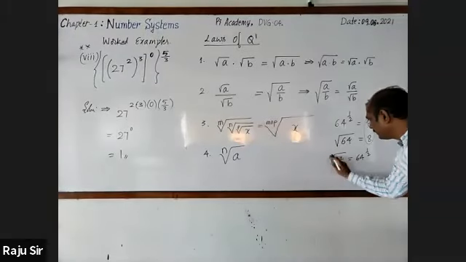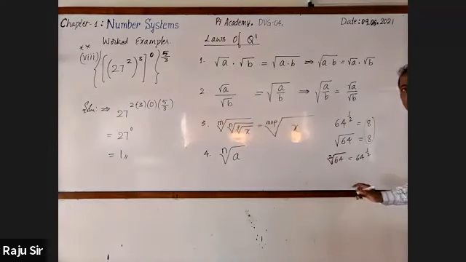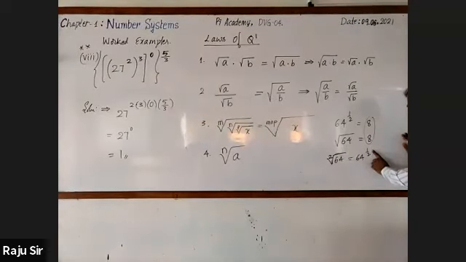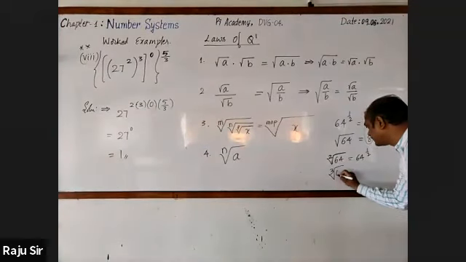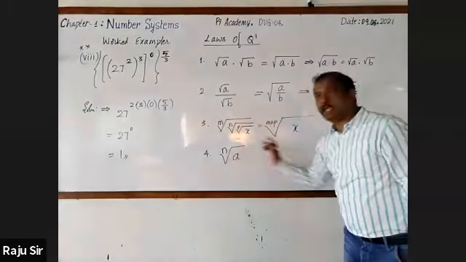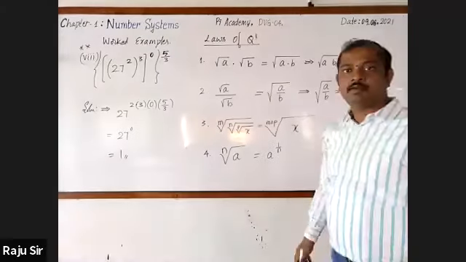Yes, sir. The order of this is 2. The square root of 64 is 64 raised to the power 1 by 2. If the cube root of 64 is there, we write it as 64 raised to the power 1 by 3. Similarly, the nth root of a is a raised to the power 1 by n. Got it? Copy.